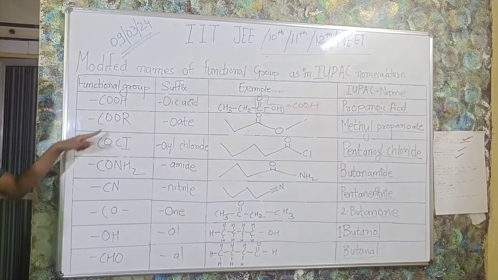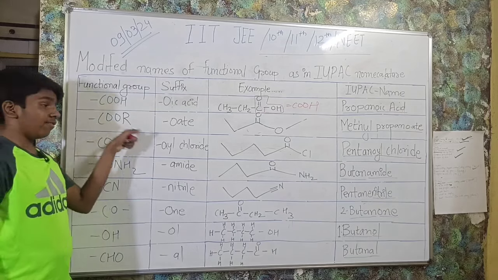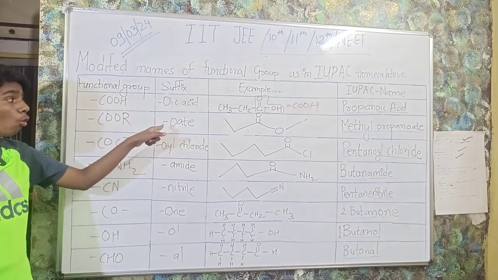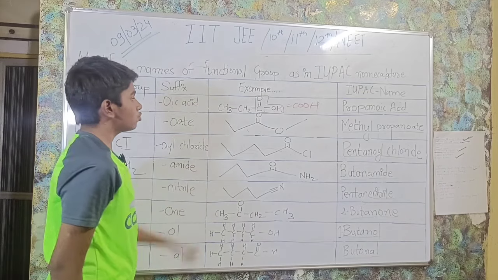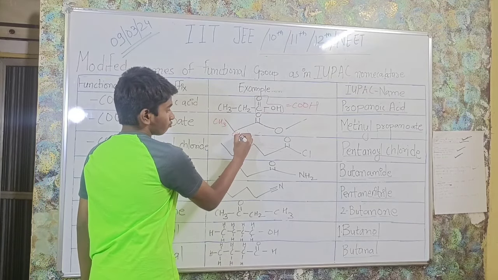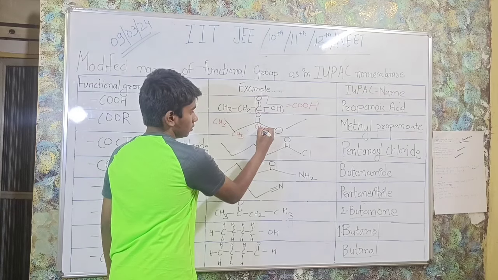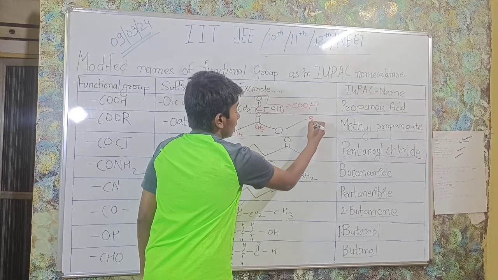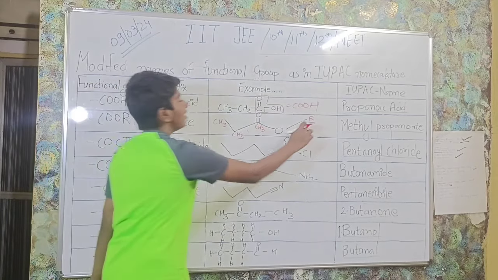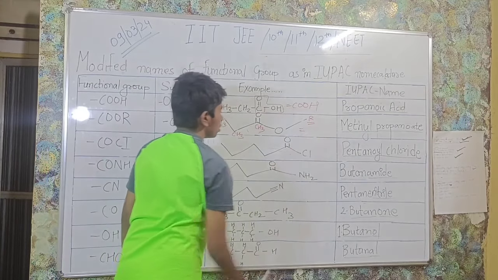Now let's learn about COOR, which is the next functional group. The suffix for that is oate, and this is the structure. I'm taking an example, so I'm writing R here. Don't be confused.